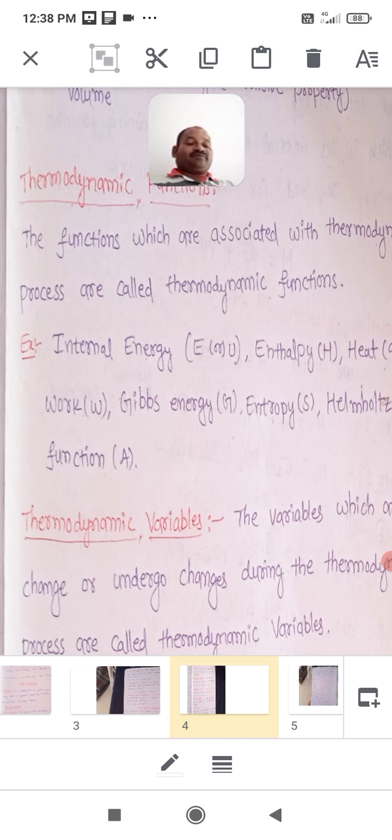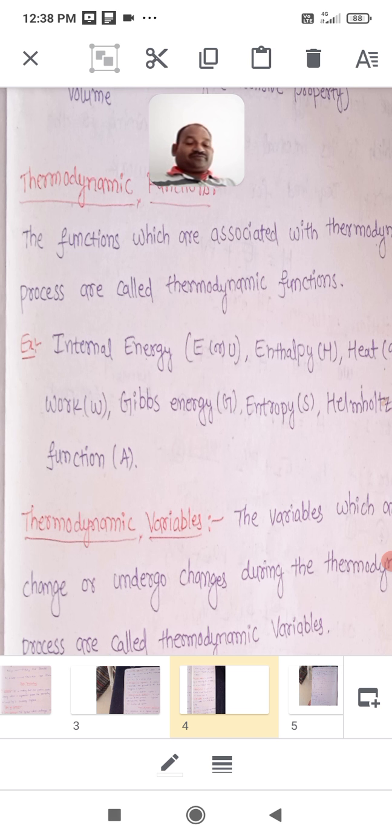Independent variables: the variables which change independently. Examples: temperature, pressure. Dependent variables: the variables which depend upon the independent variables.